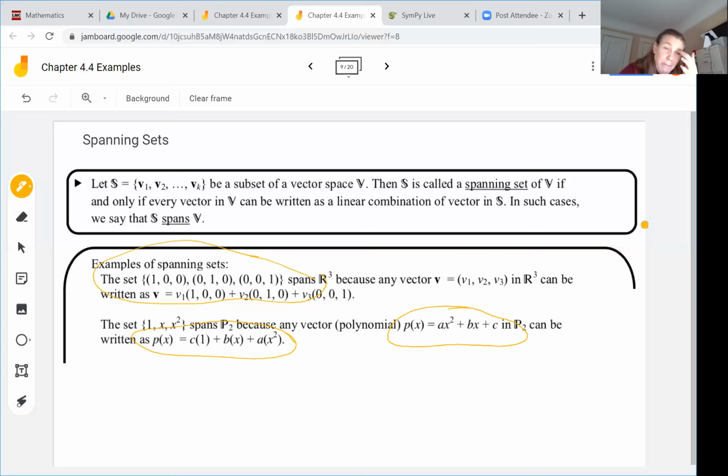So we would say p of x equals some coefficient c times 1, plus some coefficient b times x, plus some coefficient a times x squared. And of course, because the vector space is polynomials of degree 2 or less, you could have a coefficient a be 0 and just have a linear equation in there. You could also similarly have a and b be 0 and just have a constant in there.